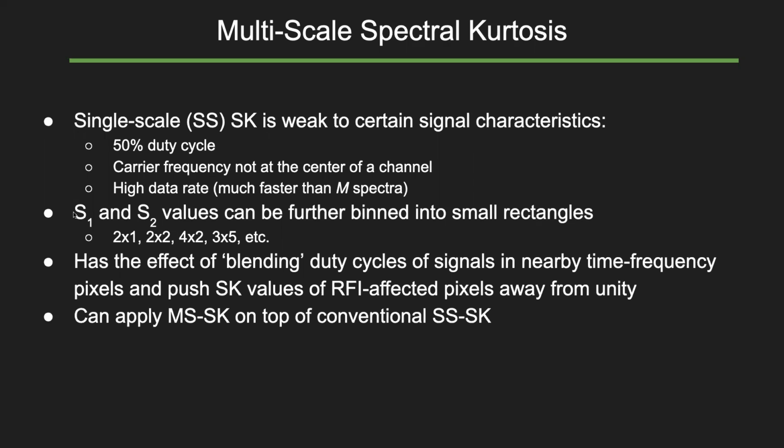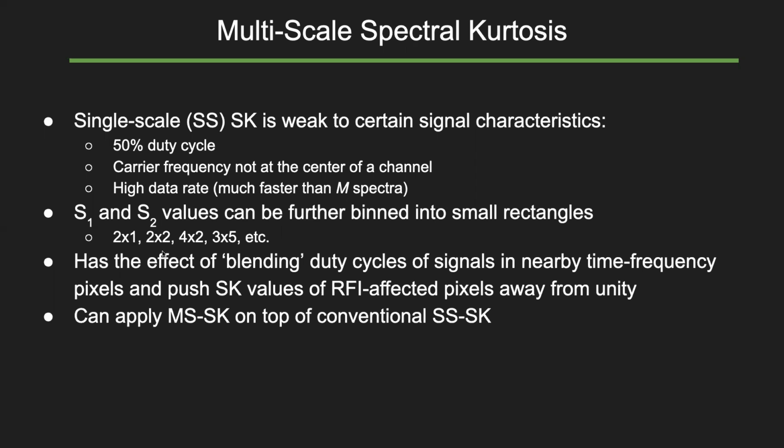The whole deal is that you can bin these S1 and S2 values into smaller rectangles. These are some example shapes: 2 by 1, 2 by 2, 4 by 2. For example, a 2 by 1 multi-scale shape would be 2 channels and 1 time bin, binned up like that, and you can calculate that SK estimator formula.